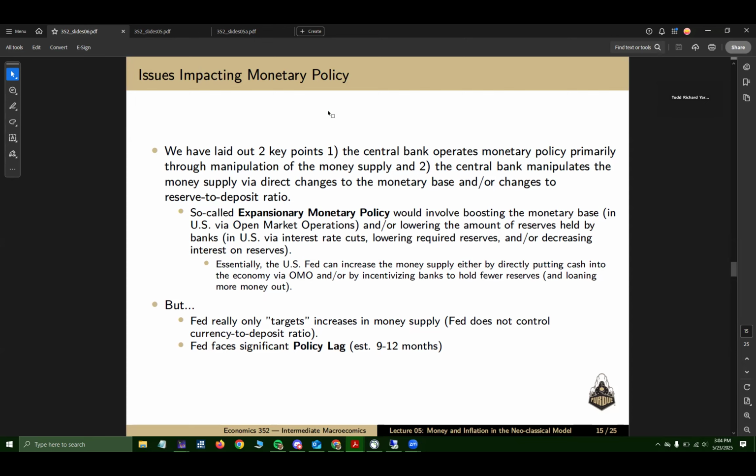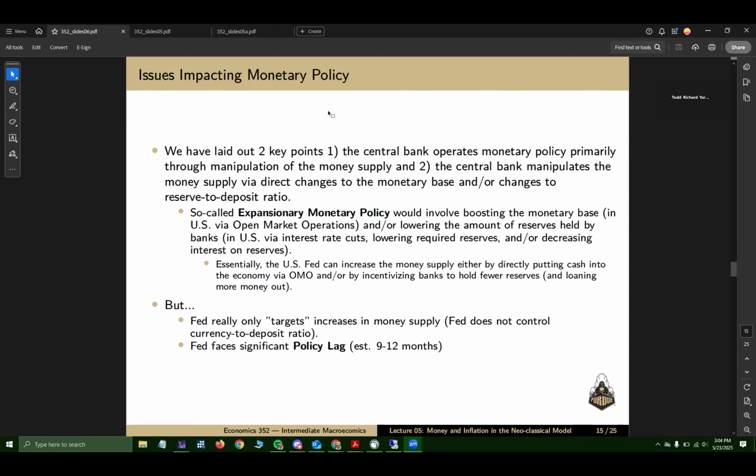Now, the dual mandate doesn't come from any sort of necessary economic theory. It's not like the classical or neoclassical models argued that the Fed should have a dual mandate. That is what our government decided to invoke on the Federal Reserve. It's also important to understand that in the US, the central bank is independent of the government.